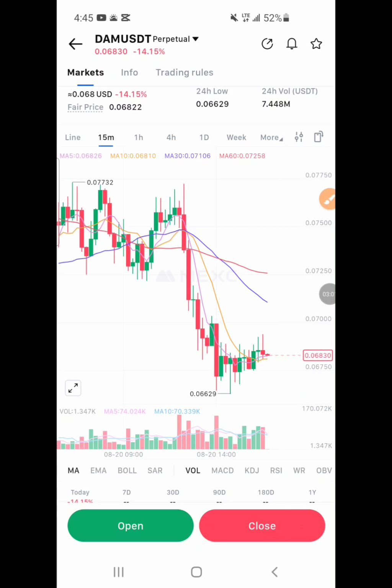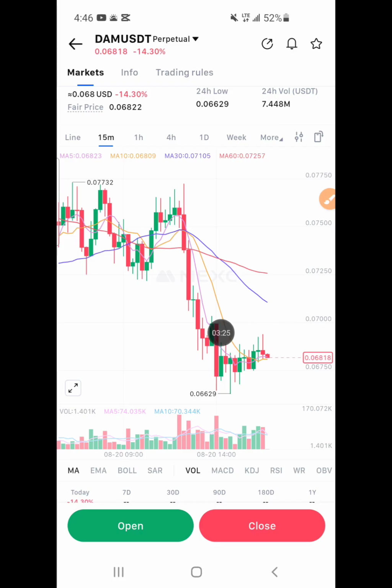And then shorting a trade simply means that the coin is going to depreciate. Okay, I don't know if you got it. Longing a trade simply means that it is going to push up or pump, and then shorting a trade simply means that you are predicting that it is going to dip.